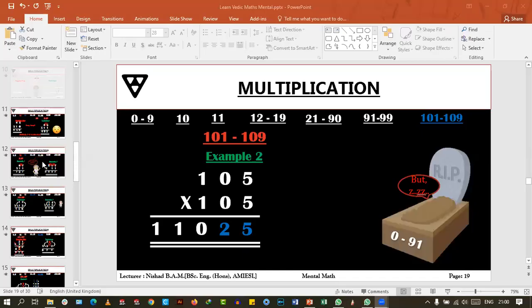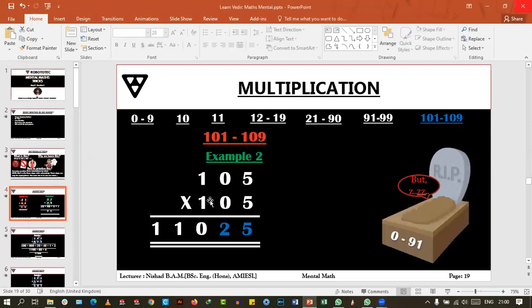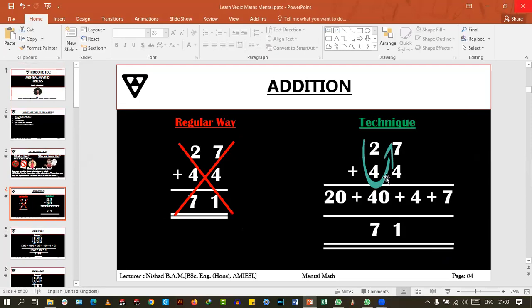right? Left to right arithmetic. We have to use that one, right? Here, as you can see, if we are going to add those two numbers together, we have to use the left to right arithmetic technique, right? So we add as this arrow indicates, like 20 plus 40, it will be 60. 60 plus 4, it will be 64. 64 plus 7, it will be 71. So this arrow indicates we have to add them together.